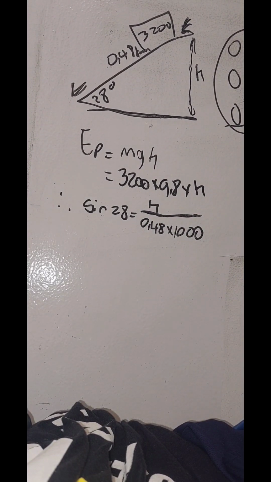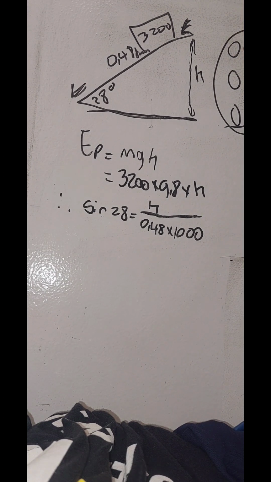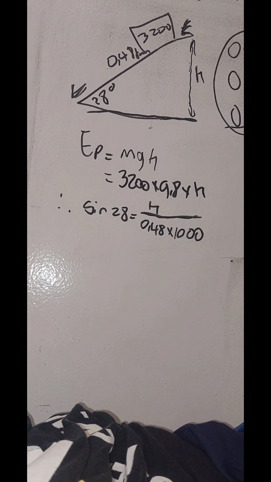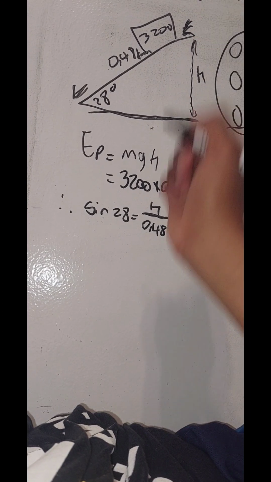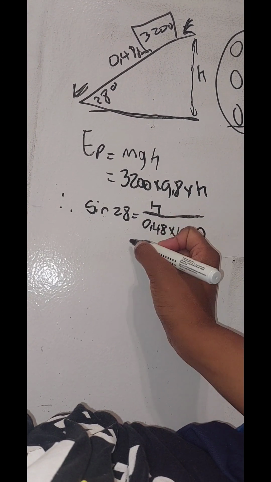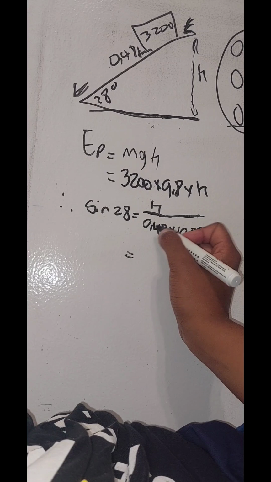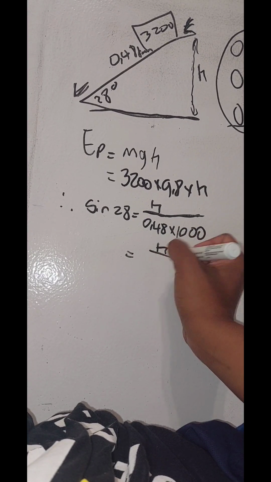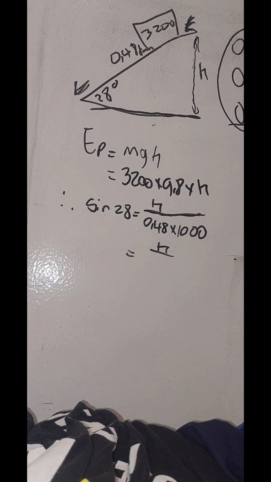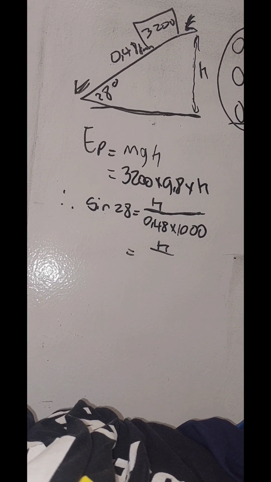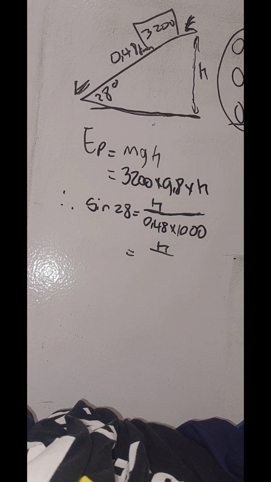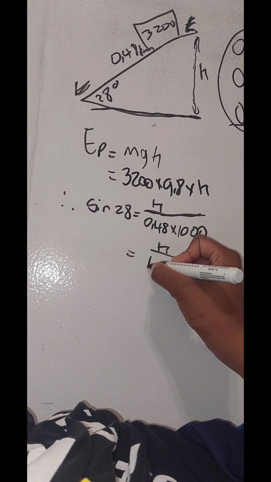Because remember, when we are calculating speed, speed is in meters per second, so we must turn it into meters. Okay, guys, so it's going to be h over 0.48 times 1,000. What is the answer? I get 480, right?